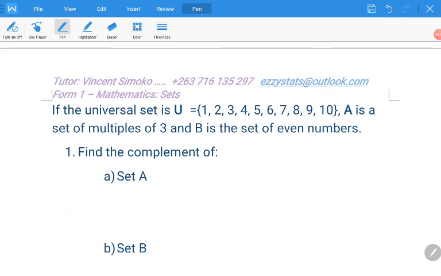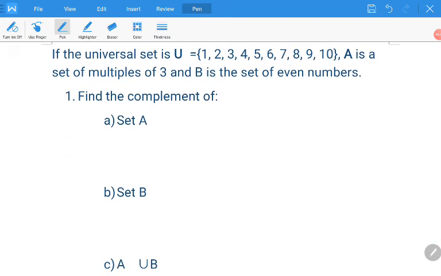So the example that we have is, if the universal set is made up of numbers 1 to 10, and A is a set of multiples of 3, and B is a set of even numbers. So our A is equal to 3, 6, and 9.